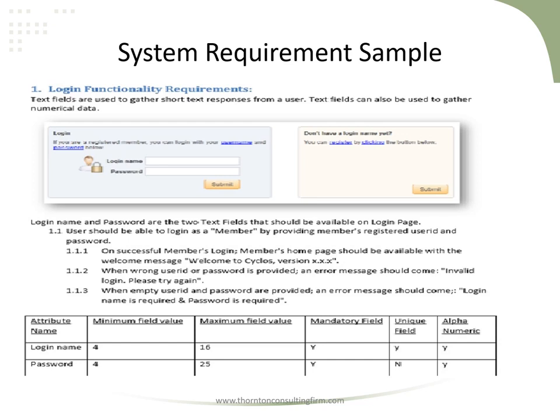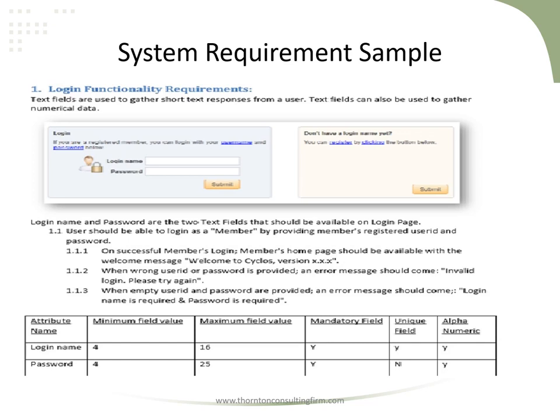And the message should state, invalid login, please try again. In requirement 1.1.3, when the user ID and/or the password field is not provided, the user should receive an error message that states login name is required and password is required.